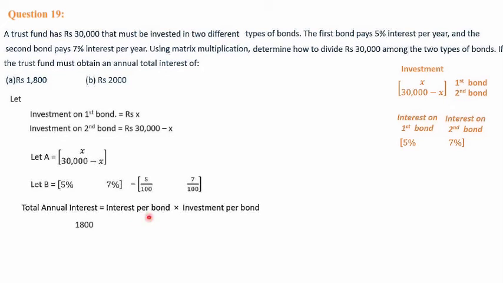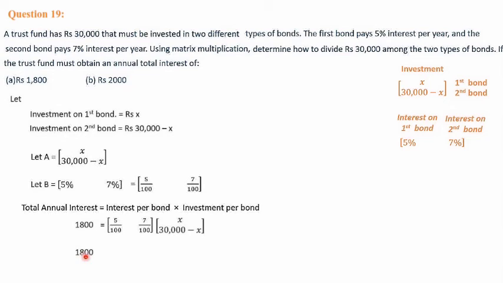The interest per bond matrix, if you take, is this one. 5 by 100 and 7 by 100 are the elements, into investment per bond. Investment per bond we have considered in matrix format, this one. So X and 30,000 minus X are the elements. So this is a row matrix and this is a column matrix, and this is a product of two matrices.